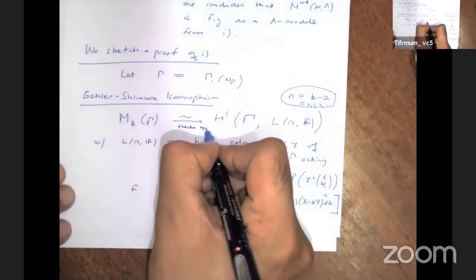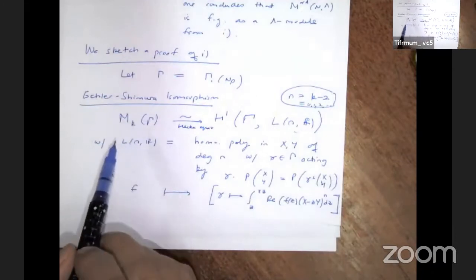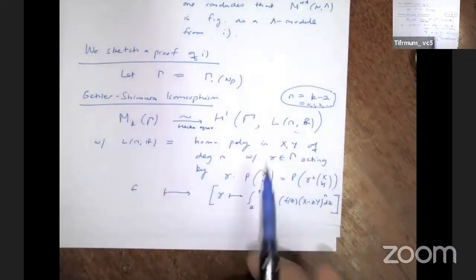So there's a Hecke operator action on both sides, and if you do Hecke first and then map over, it's the same as mapping over and then doing the Hecke operator on this side. That holds for each of the Hecke operators. So the behavior of the Hecke operators on the left is identical to the Hecke operators on the right.